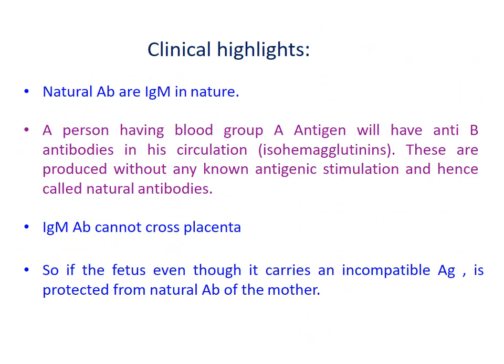So, clinical highlights. Other than primary antibody, it is also called the natural antibody. Why is it called a natural antibody? Natural means the antibody is present within us without any exposure.